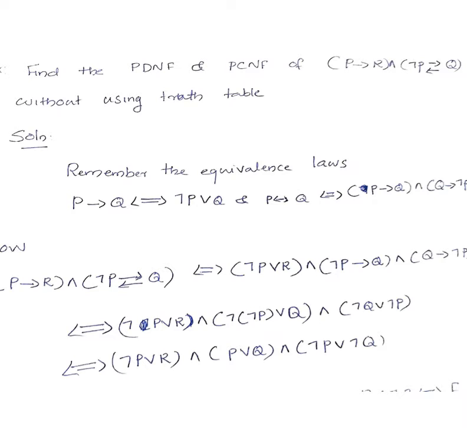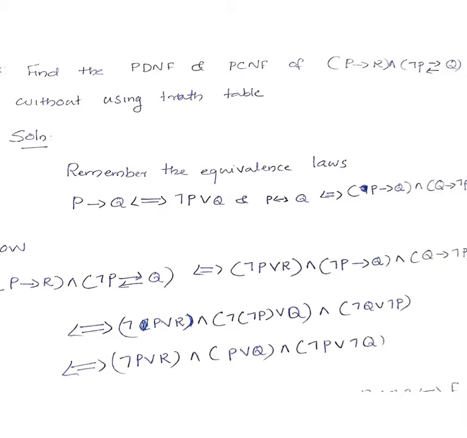Applying the conditional rule again, the result becomes negation P or R, and for negation P conditional Q we use the rule P conditional Q equivalent to negation P or Q, giving negation of negation P or Q, and the second one negation Q or negation P.